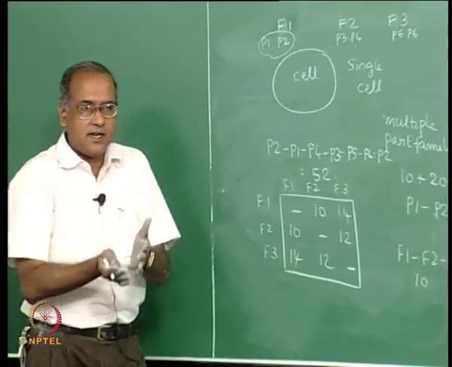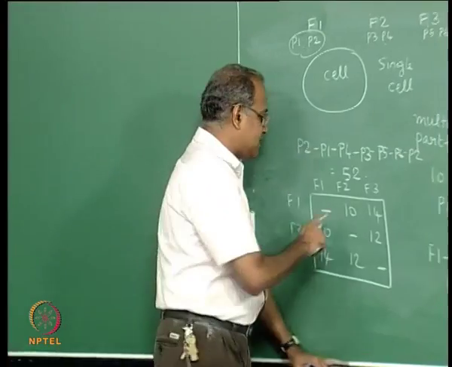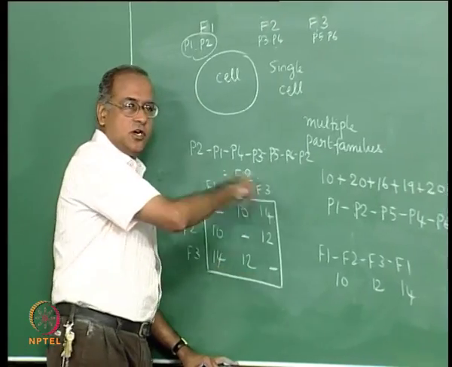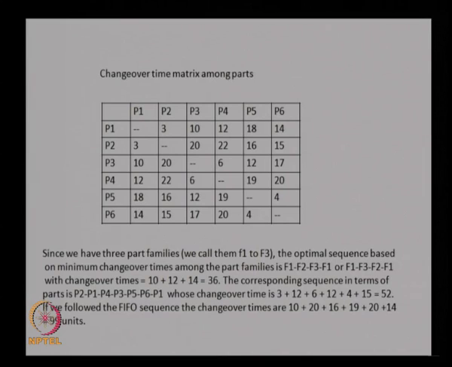We have already seen in a previous lecture how to do it. The only difference is that here we take the minimum changeover time. For example, if we go back to that matrix, F1 is P1, P2, and F2 is P3, P4.